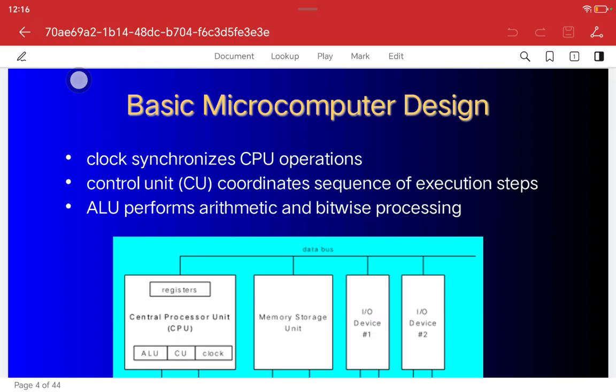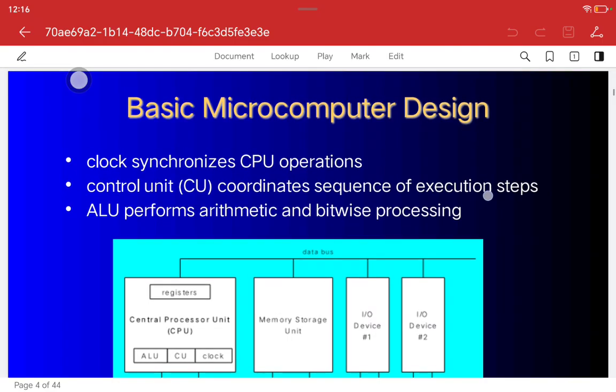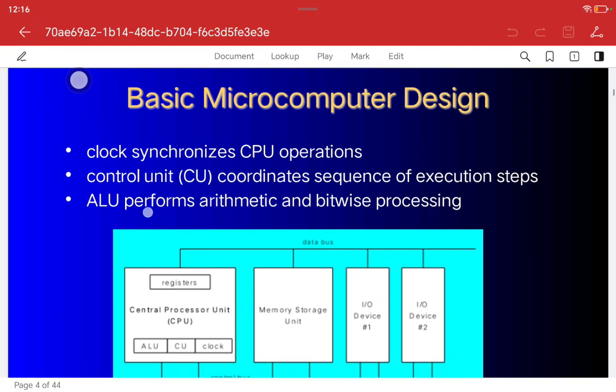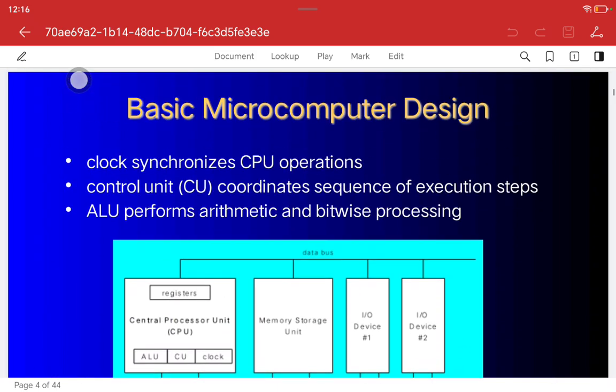So, basic microcomputer design. First we're gonna check that it uses the clock, which synchronizes CPU operations, and also the control unit. The control unit, the CU, is going to coordinate the sequence of execution steps. And also the ALU performs arithmetic.